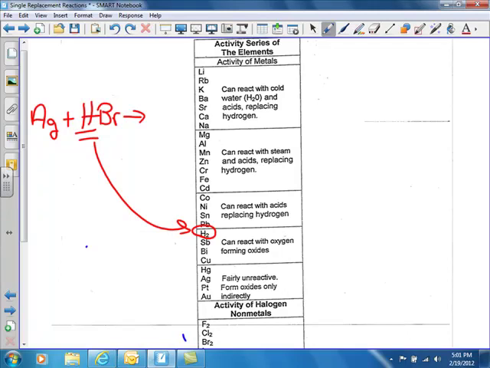And silver is way down here. So will this reaction work? The answer is this would also be a no reaction, because silver is below hydrogen, and silver would need to be above hydrogen to make this reaction work. So that's our activity series.